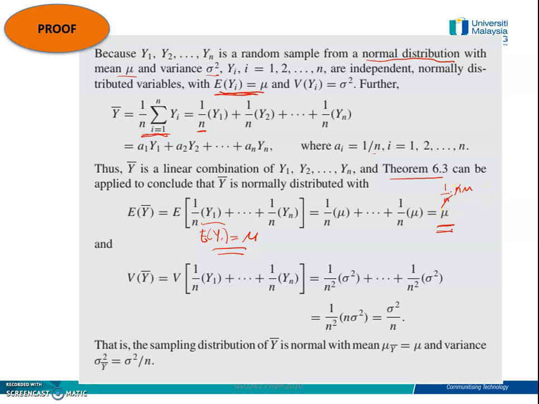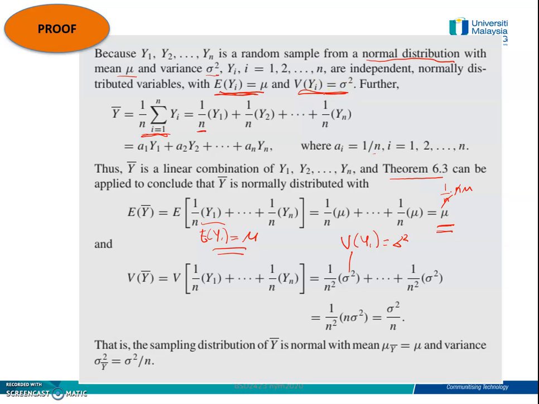And then for the variance of Y bar, it is similar. You have a linear combination, so you can write it like this. Because you have variance, the a becomes 1 over n square, a square. If you remember the previous theorem, you must remember. Here, when you have V(Y1), you get sigma square, from theorem 6.3.